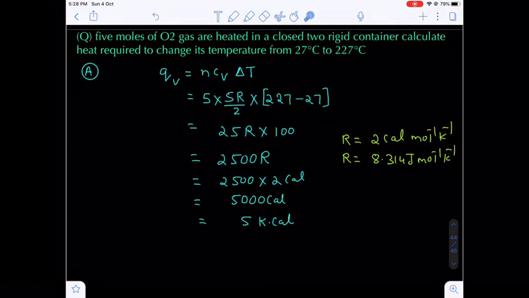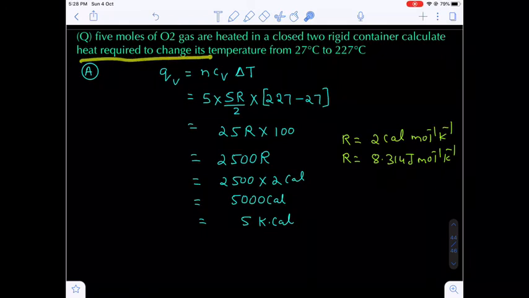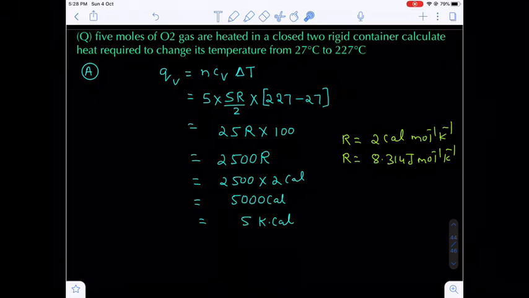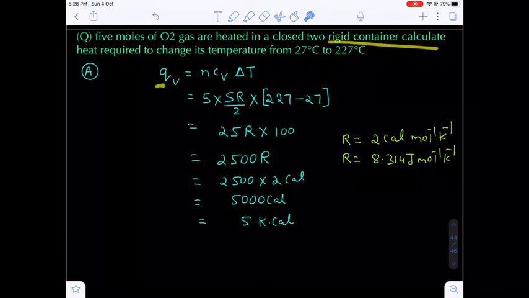Now one more question here. 5 moles of O2 gas are heated in a closed rigid container. Calculate the heat required to change its temperature from 27 degrees Celsius to 227 degrees Celsius. Now here, rigid container means closed volume.